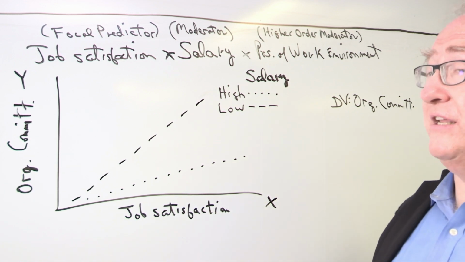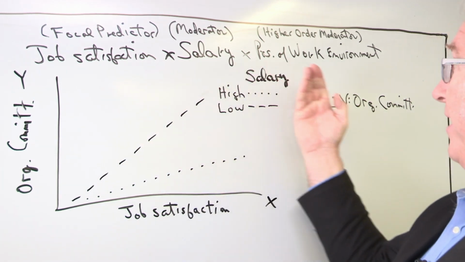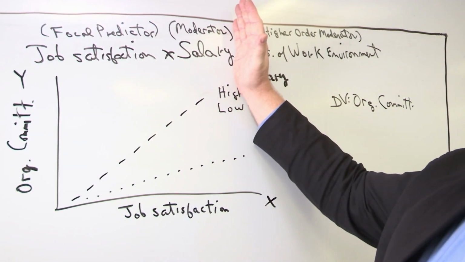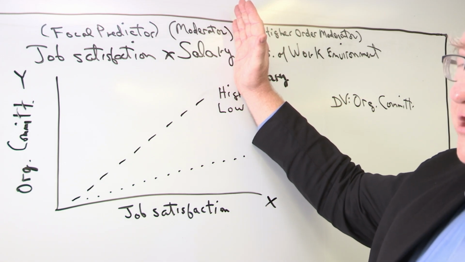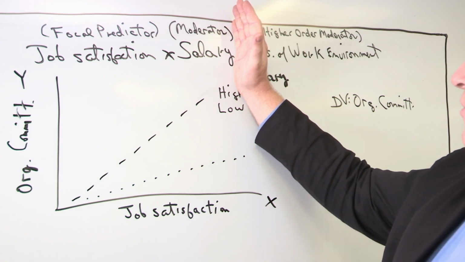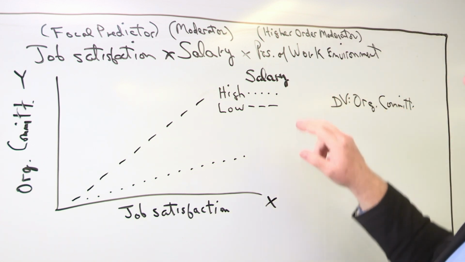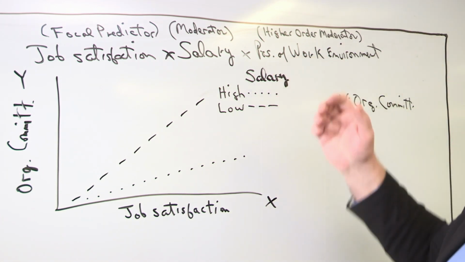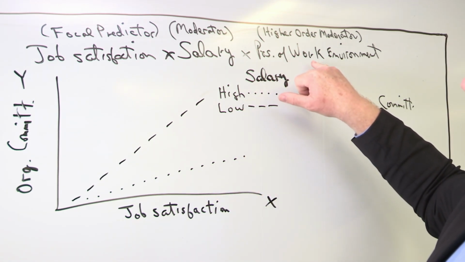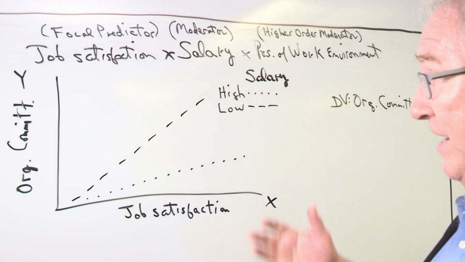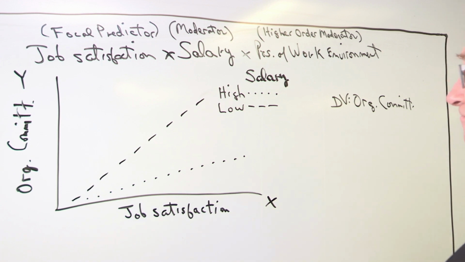What that is saying is that our two-way interaction, which is included within the three-way interaction, how the two-way interaction looks depends on the level of the higher order moderator, in this case, the level, high or low, of positiveness of work environment. So how might that look in an illustration? I'll tell you right now.